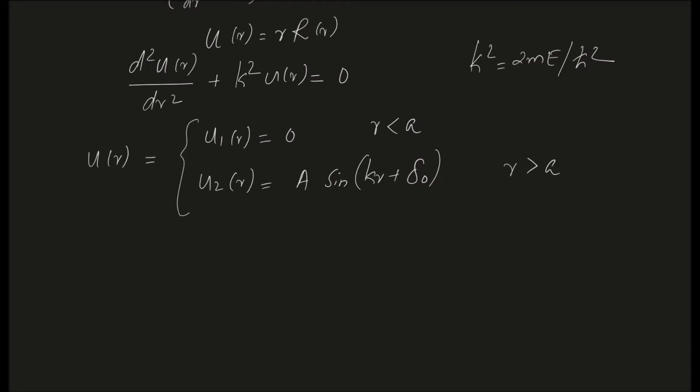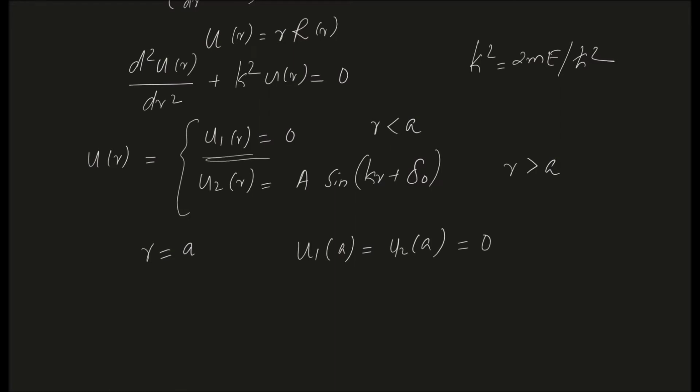Now we have a boundary at r equal to a, because that is the boundary of the scattering potential, and if you apply the boundary condition for these wave functions, at r equal to a, u1(a) must be the same as u2(a). It has to satisfy the boundary conditions. So this has to be 0, because u1(r) at r equal to a must be 0 as given by this expression.